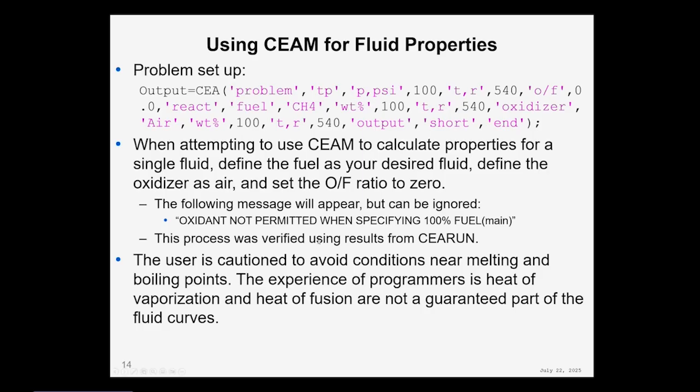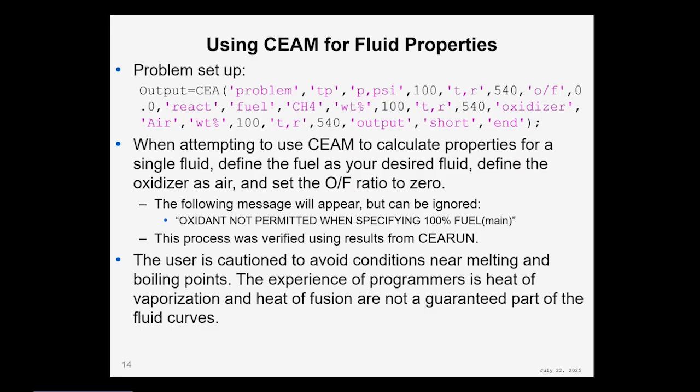But we've been able to verify this against the FORTRAN CEA code that we're returning consistent results. We do say avoid the conditions where property changes would be within or cross over the melting point or the boiling point, because the latent heats are not accounted for in the thermodynamic libraries.